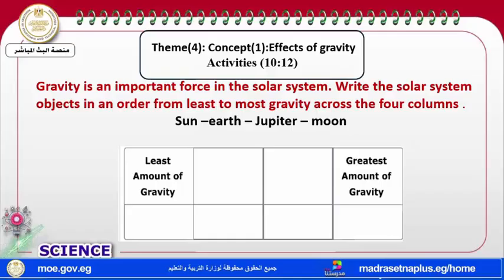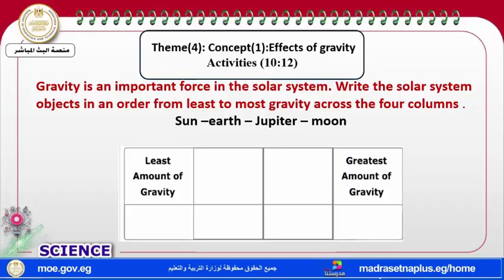It's very easy, but it needs to be read correctly. Gravity is an important force in a solar system. Order the solar system objects from least to most across four columns: Sun, Earth, Jupiter, Moon.